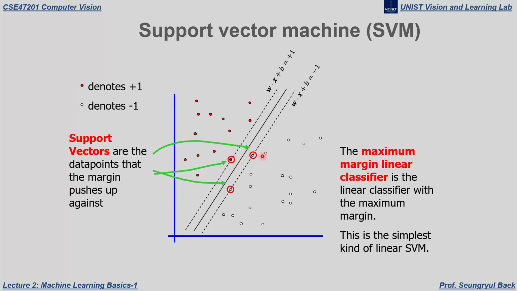So in this SVM, they will update W and B to make the boundary samples meet this condition. Are you guys following this?